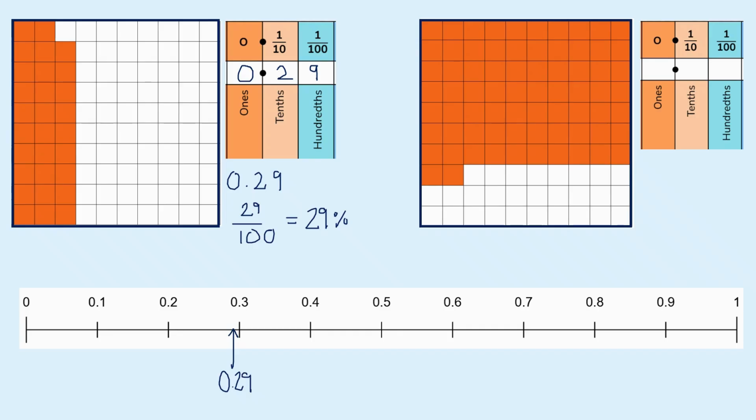For the second one, we've got 1, 2, 3, 4, 5, 6, 7 tenths, again no full grids, and 2/100. So that is 0.72 or 72 out of 100, which is then 72%. And on the number line, that would be marked around here, just between 7 and 8 tenths, 0.72.